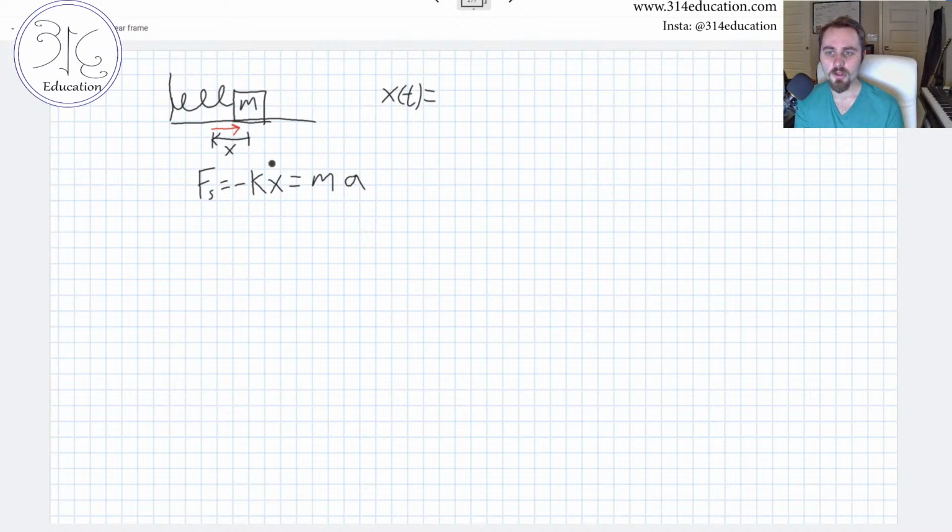And so we can treat this acceleration as the double derivative or second order derivative of our position with respect to time. So I can write this as negative kx will equal my mass times the second derivative of x with respect to time. I'm going to write this as x double dot.